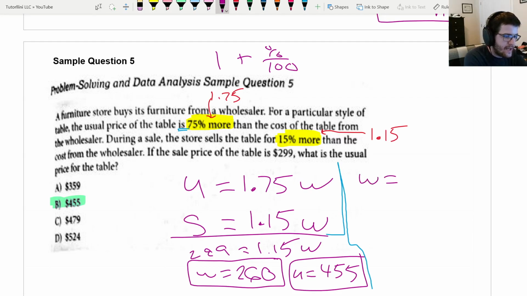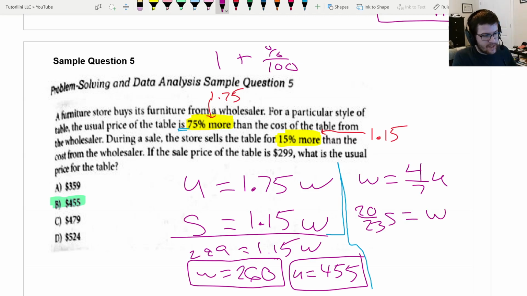For this one, if I divide both sides by 1.75, I get 1 over 1.75 U, which is, I just did that on a calculator, 4/7 U. And this one, if I divide both sides by 1.15, I get 20 over 23 S equals W.